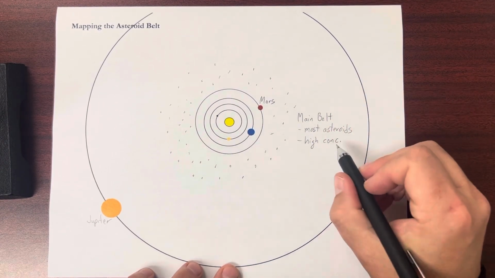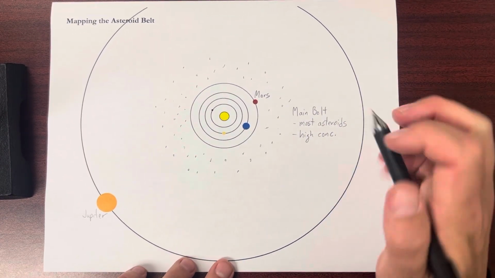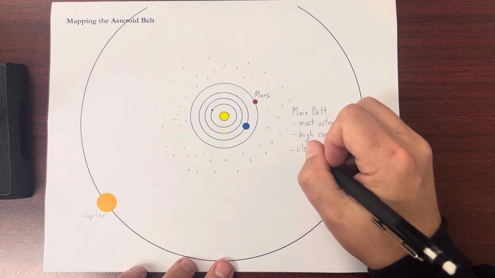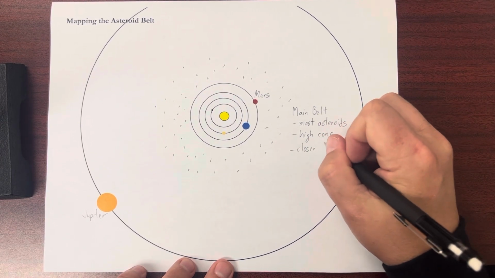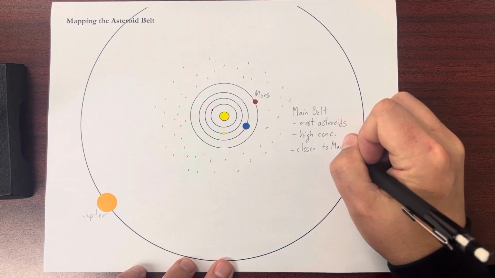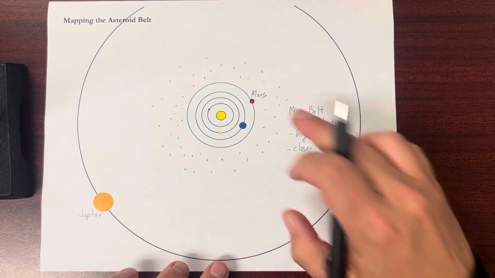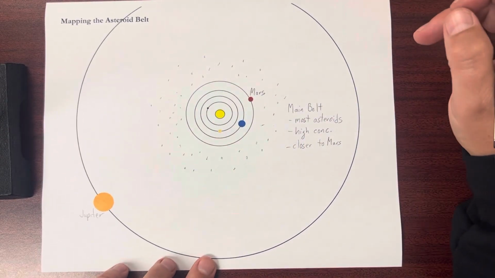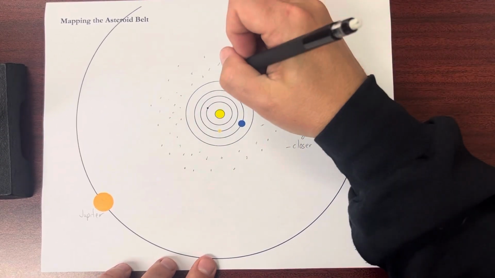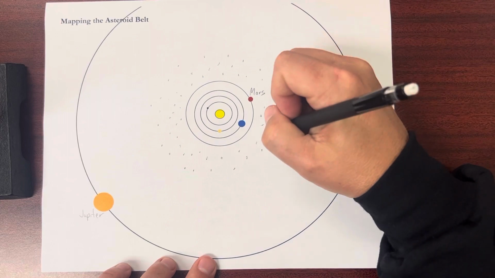And I'm just going to abbreviate that. High concentration. And this is, like we said, closer to Mars than it is to the outer orbit of Jupiter. Now, this is not the only area we're going to find asteroids in. We're going to see that they're in some other places as well.